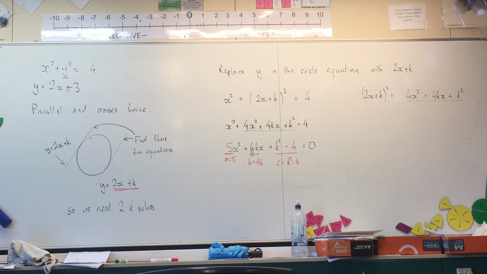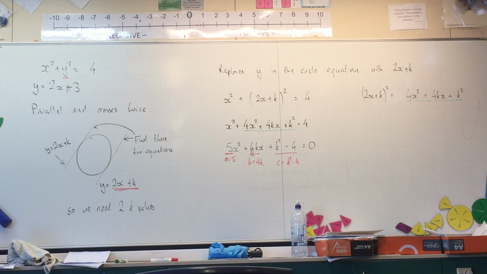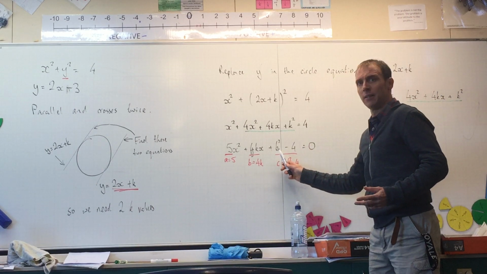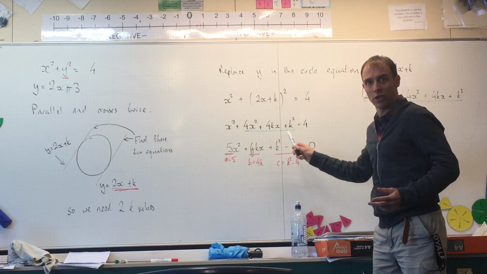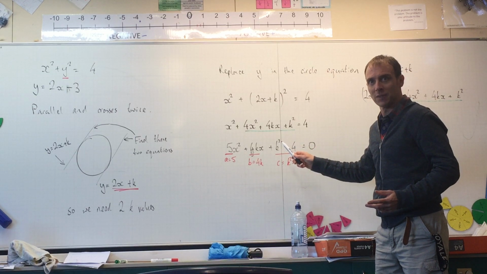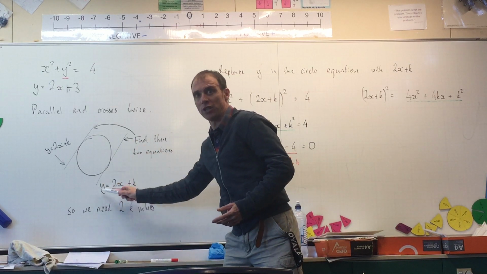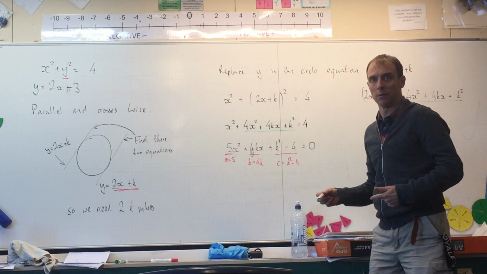So this is the point at which it starts getting a bit confusing. So what are we trying to find? We want the value of k that means there is only one solution to this equation. And that will therefore mean that this is a tangent. So we set the discriminant equal to 0.